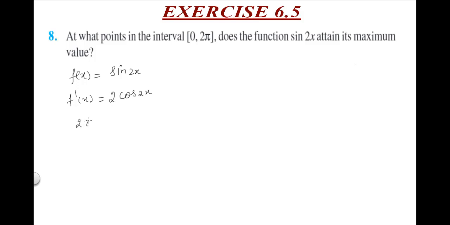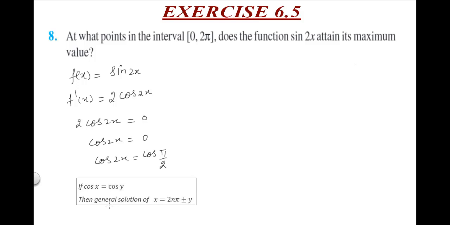Now equating it to 0, we get cos of 2x equals 0. Cos of 2x will be equal to cos of pi by 2. Now writing the general formula, which is if cos x equals cos y, then the general solution of x is 2n pi plus minus y.